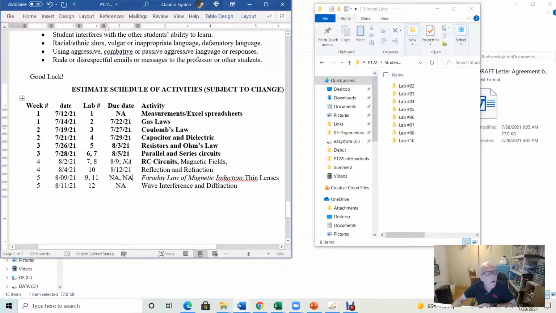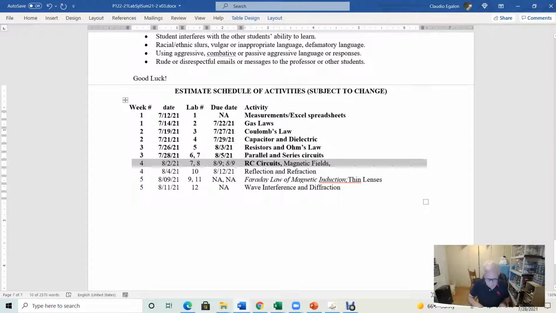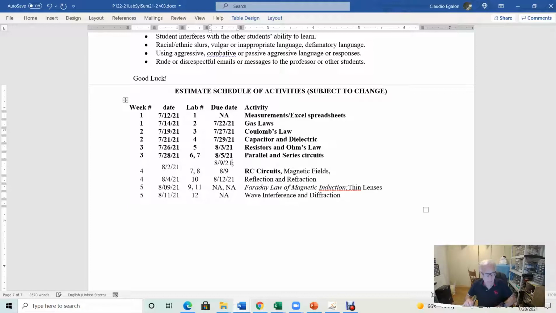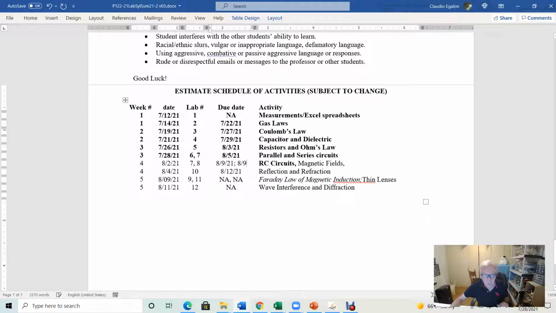Both of these are going to be magnetic field, and will have a lab report. Can I do that 21? Let's see if it fits. Yeah, it doesn't fit. There you go.